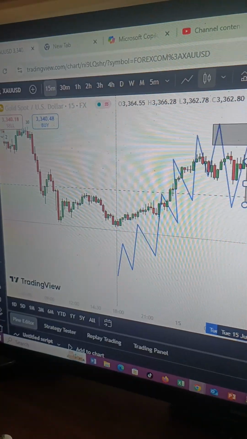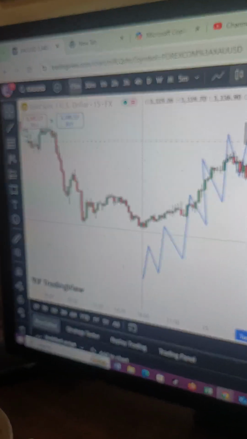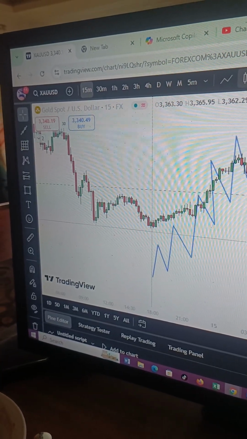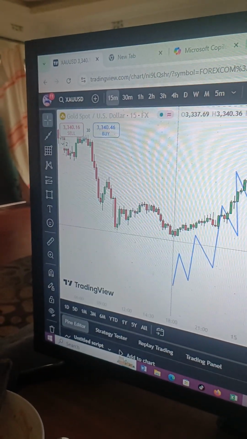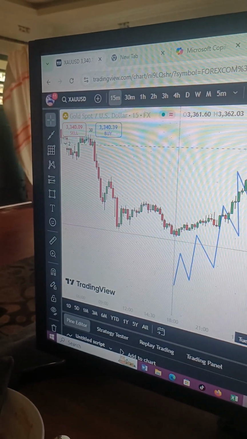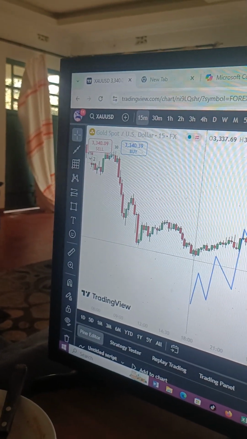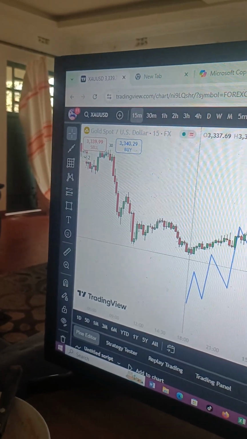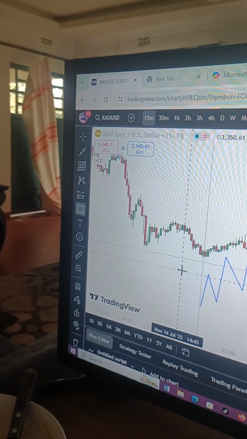So what does the support and resistance trader do? For support and resistance, this is what they do. And I'm going to show you a trick later, which I use with support and resistance, and I'm going to guide you on how to use it, because a lot of people doubt retests.